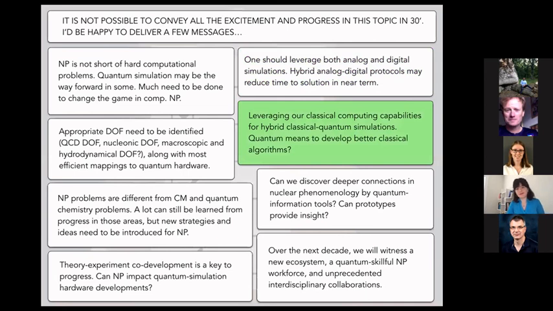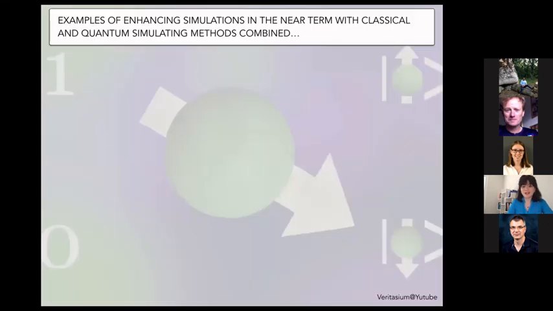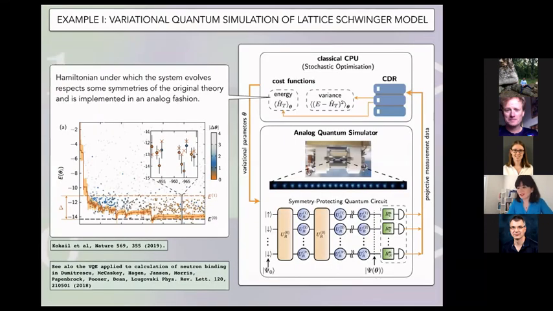Another important point is that we have to make sure to also leverage the classical computing capabilities that we have and think about hybrid classical-quantum simulations. And maybe even quantum means can help us to develop better classical algorithms. I have a couple of examples here, and it seems like I'm running out of time, so I'm not going to go through all of them. One is the variational quantum Monte Carlo.